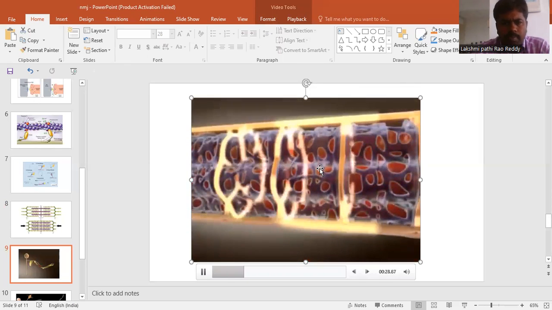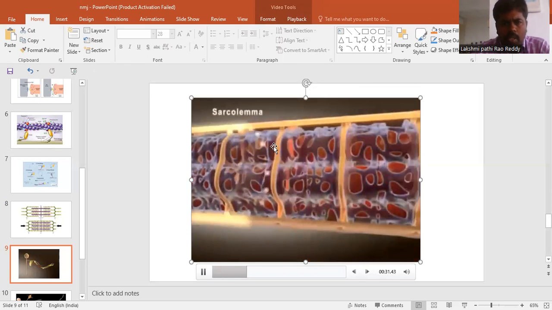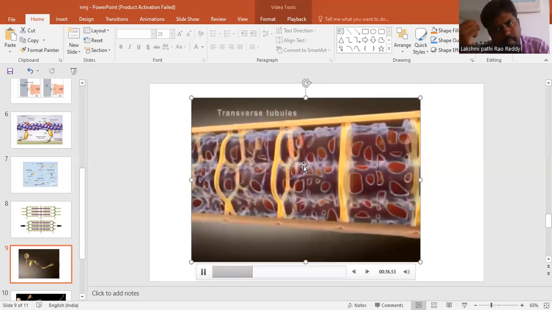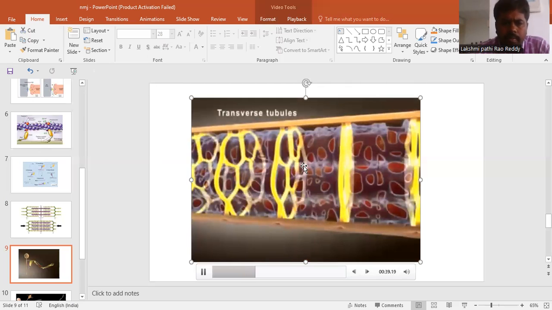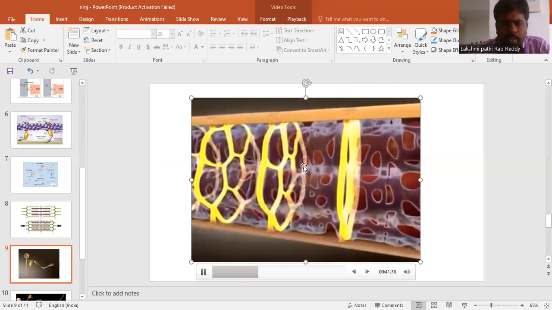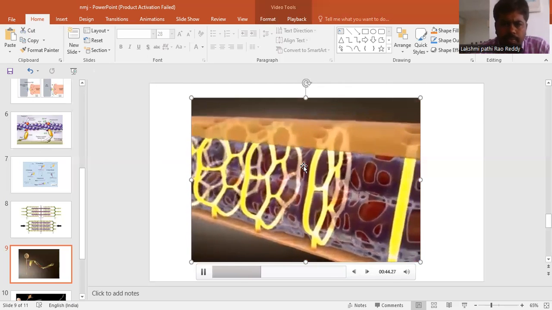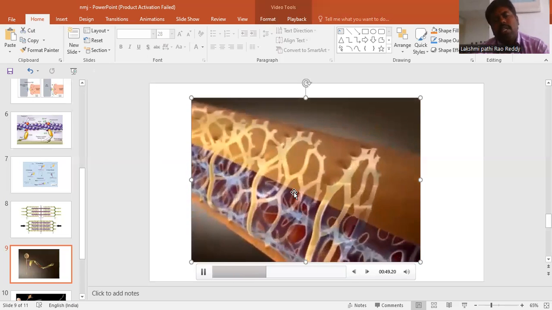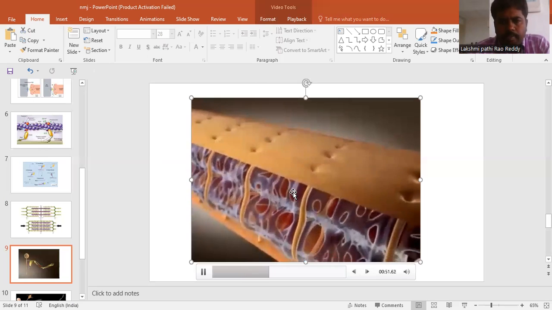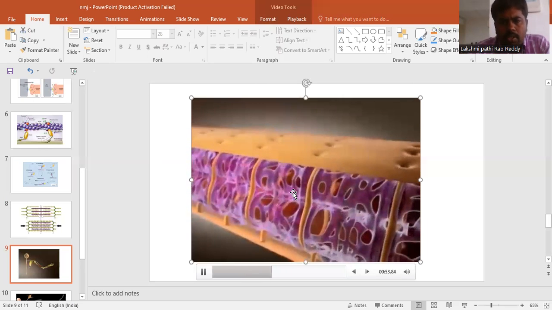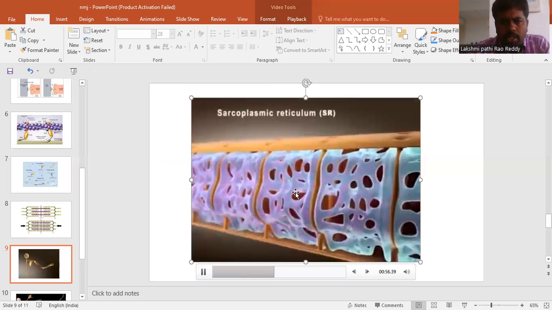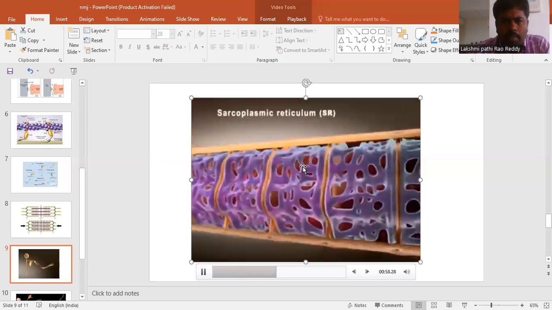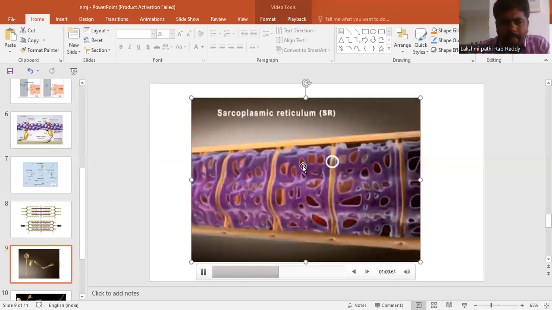This is a sarcoplasmic reticulum. This is a sarcolemma where the T tubules are visible clearly. These are all the T tubules in which the action potential reaches, to each and every part. So this is the whole sarcoplasmic reticulum.